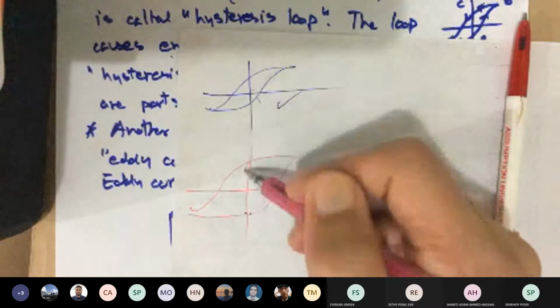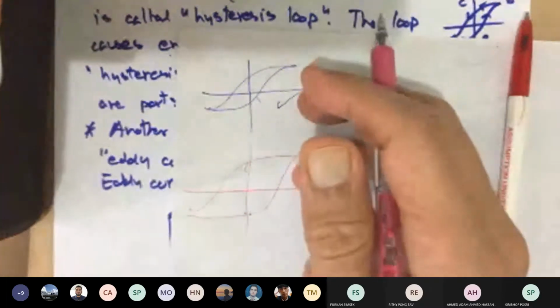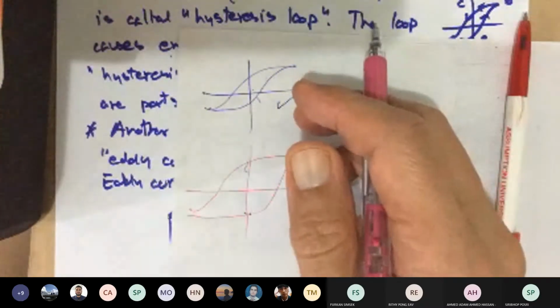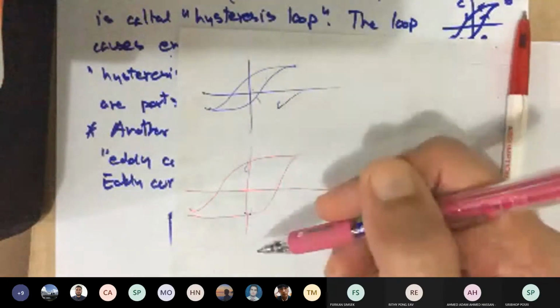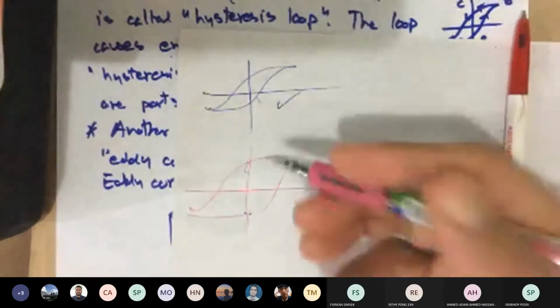This is what we call an inevitable effect. You can't get rid of these losses. You can minimize them, but you can never get rid of them. It's part of the deal.